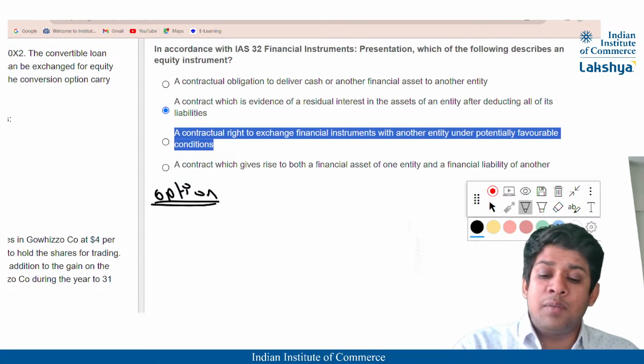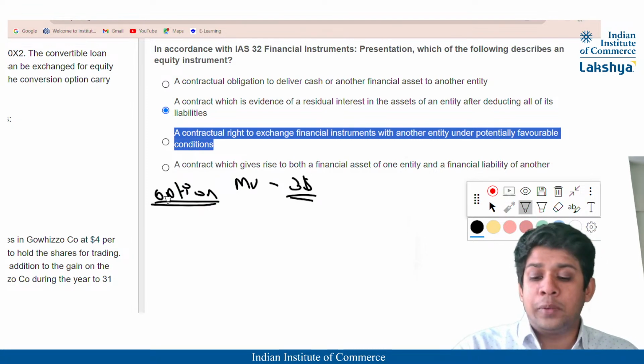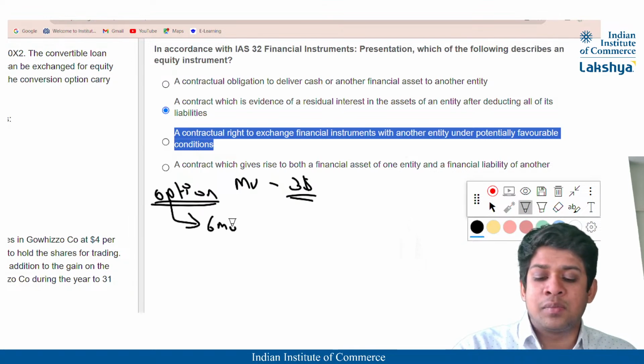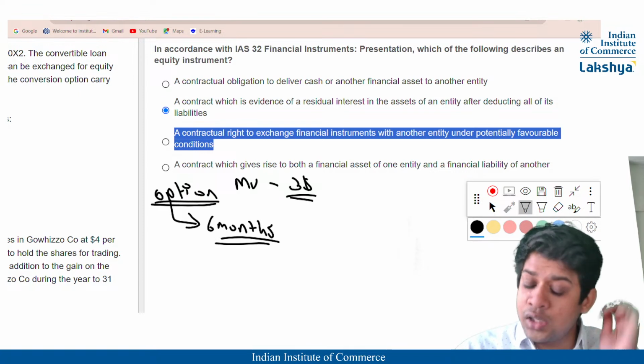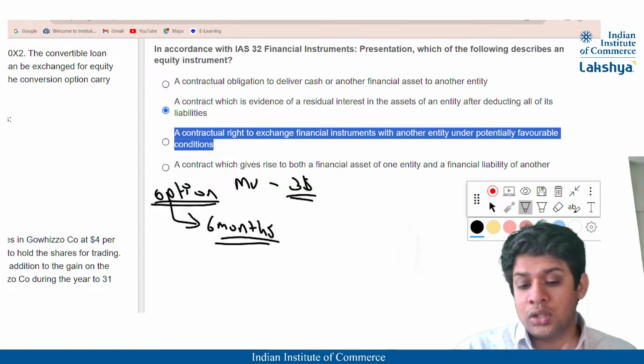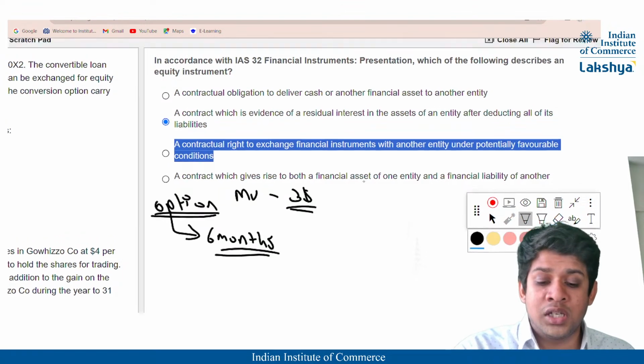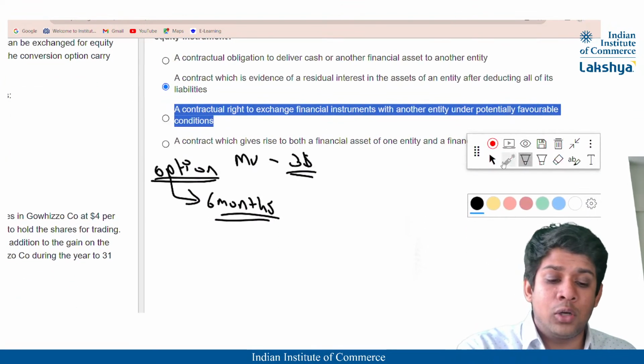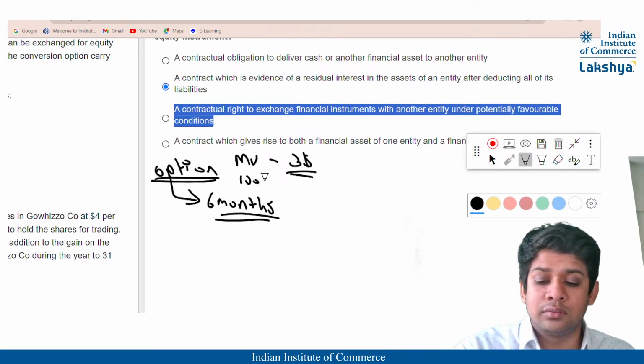The market value of that company's shares is maybe say $3 right now. I want to purchase them after 6 months. If I purchase today, it will cost me $3 per share. Maybe I want to purchase 100 shares.